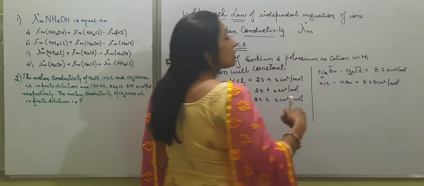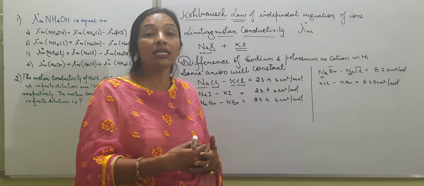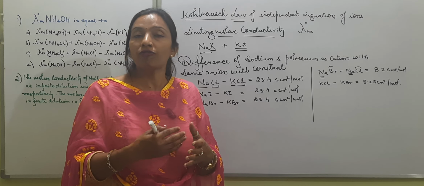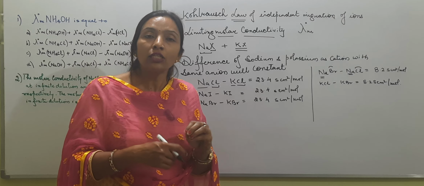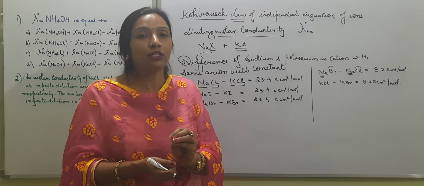So these are some of the predictions by Kohlrausch, and we call this the Kohlrausch law of independent migration of ions, or Kohlrausch law of limiting molar conductivity of an electrolyte.